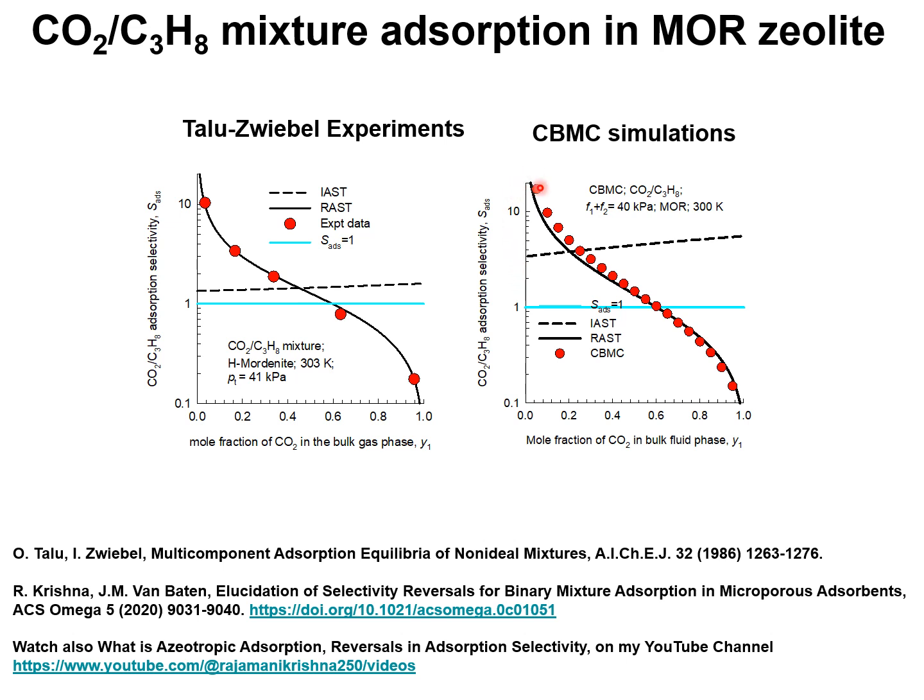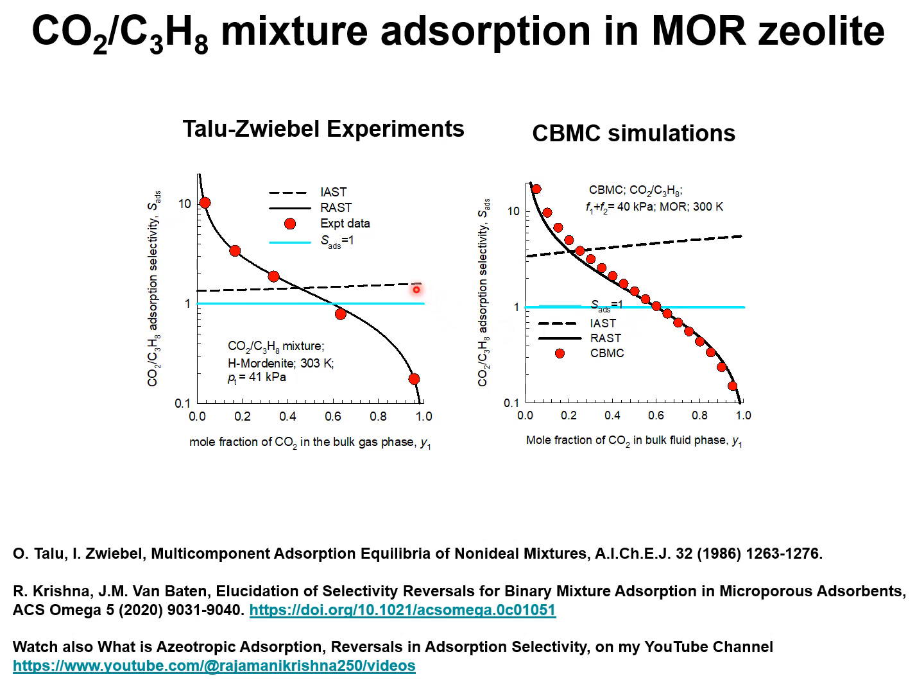The CBMC simulation data are shown here, and the data are in remarkable agreement, nearly quantitatively, with the experiments of Talu and Zwiebel. Let's understand why the experiments show selectivity reversals, as do the CBMC simulations, and why the IAST estimates indicated by the dashed lines are in extremely poor agreement with the experiments and with CBMC.